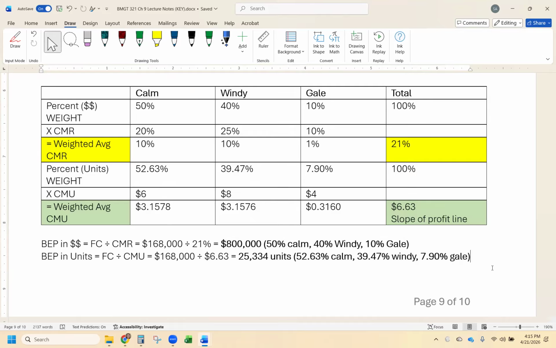That feels nice. So this is how we're going to actually be doing this cost analysis. We're going to be combining all of our product lines together into one contribution margin ratio, so we can make one graph for everything.